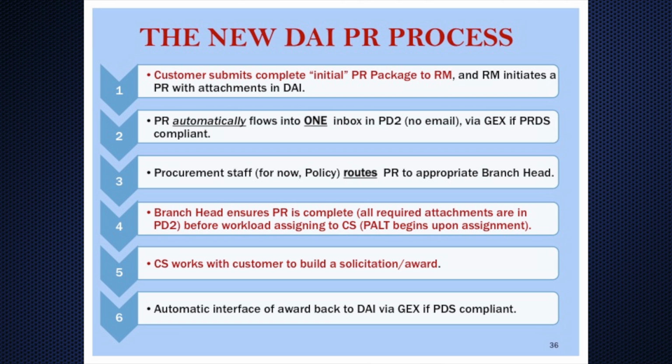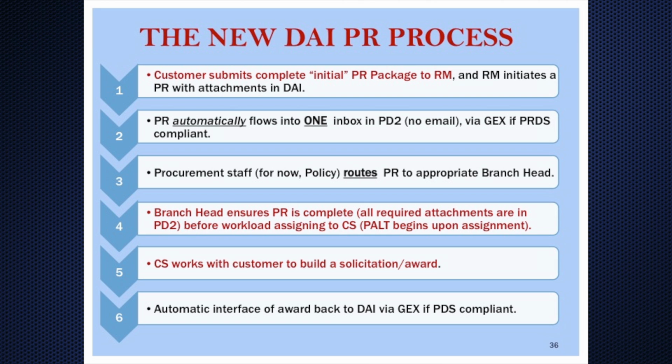So, in order to make sure you get what you want efficiently and quickly, submit a complete initial package in step 1, because things will not begin until we have a complete package. So whether it's done at step 1 or step 4 will affect how quickly the procurement is done.